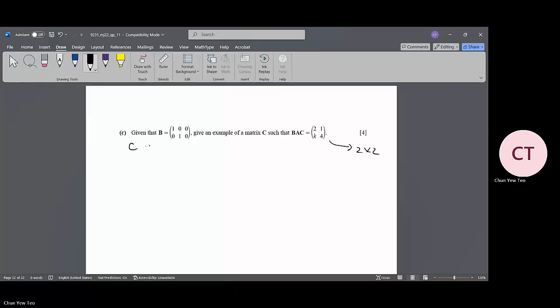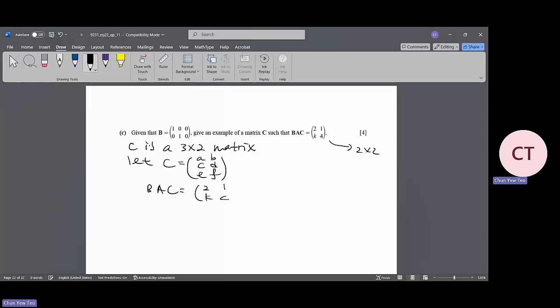So we let C equal to A, B, C, D, E, F. So the BAC is equal to the 2K1.